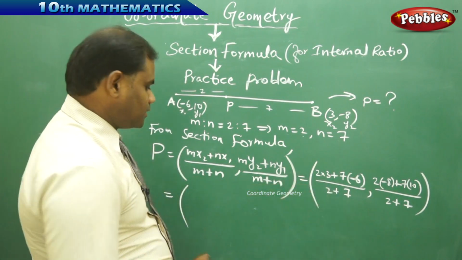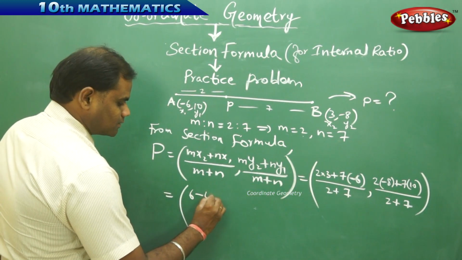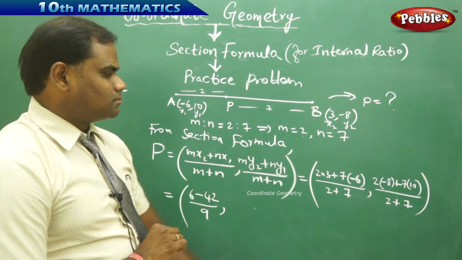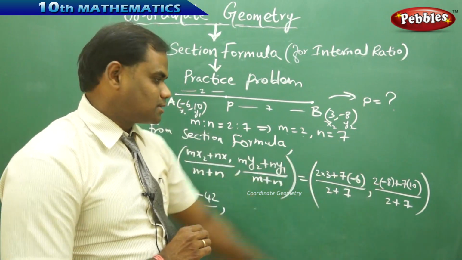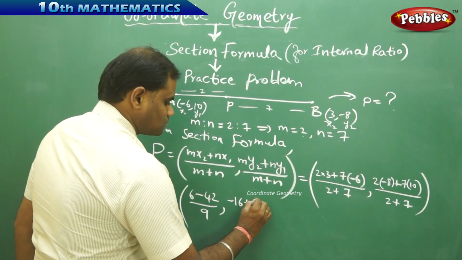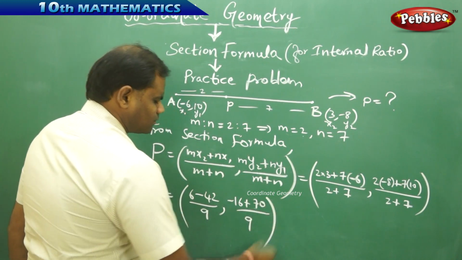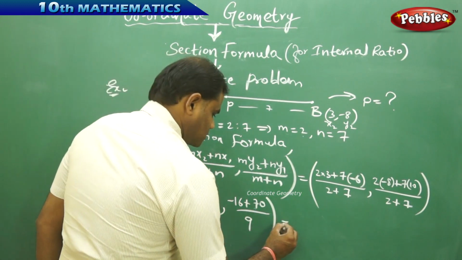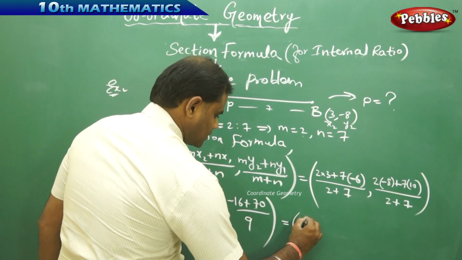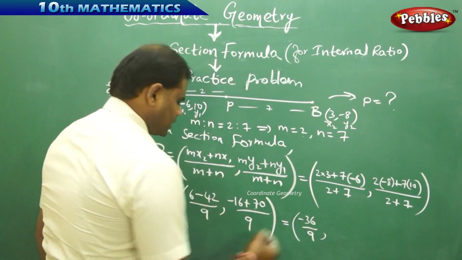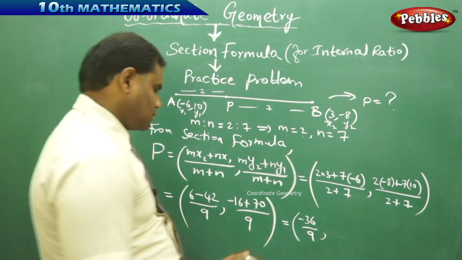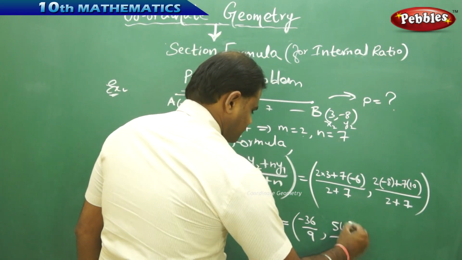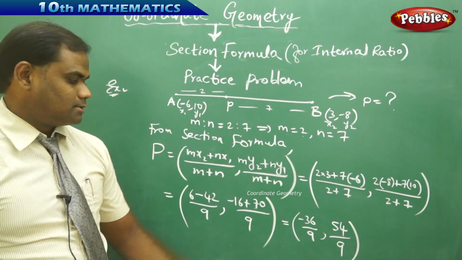This would be 2 times 3, which is 6, minus 6 sevens, 42, over 2 plus 7, which is 9. Similarly, the y coordinate on simplification gives -16 plus 70 over 9. So 6 minus 42 is -36 over 9, and 70 minus 16 is 54 over 9, is what I get on further simplification.